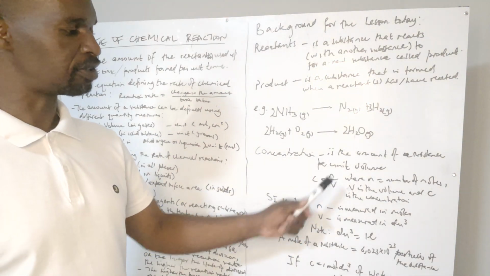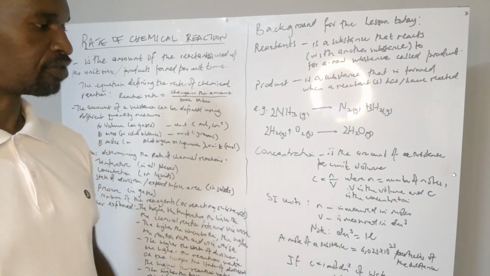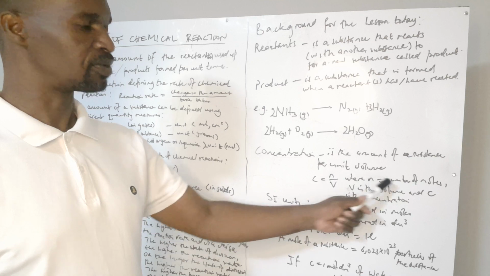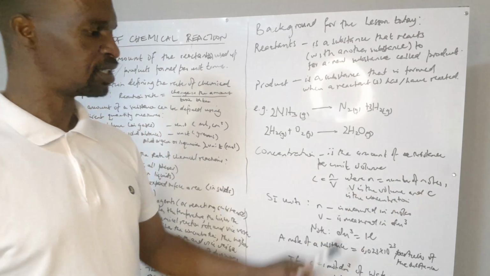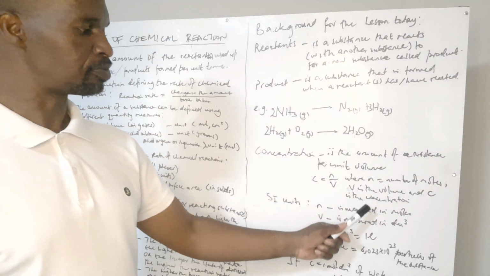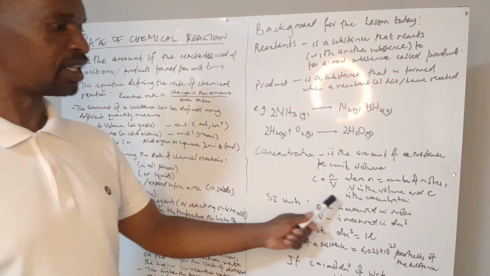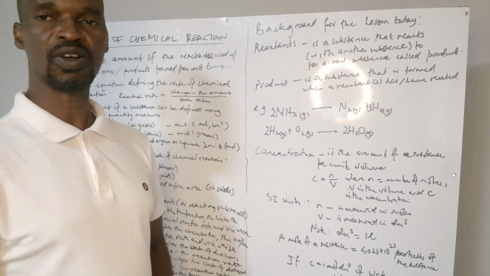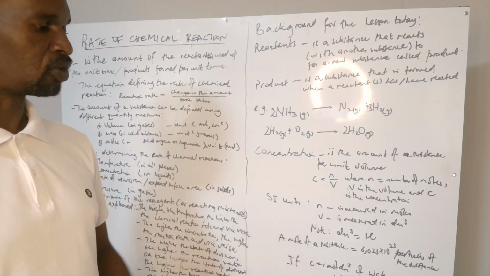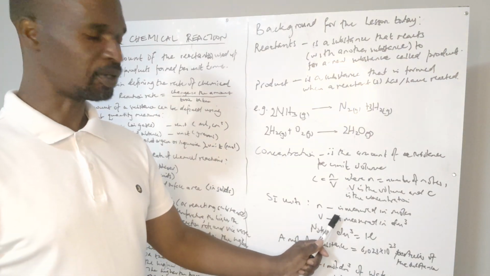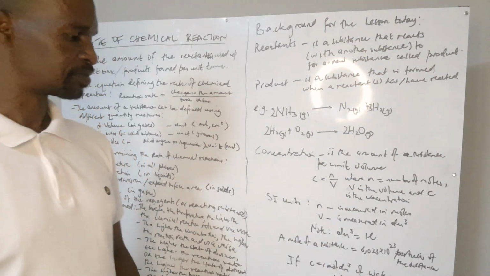Concentration is equal to the number of particles per unit volume, where N is the number of particles, which should be measured in moles, volume must be measured in cubic decimeters, and the concentration is then measured in moles per cubic decimeter. So I wrote for you there what the SI units are.